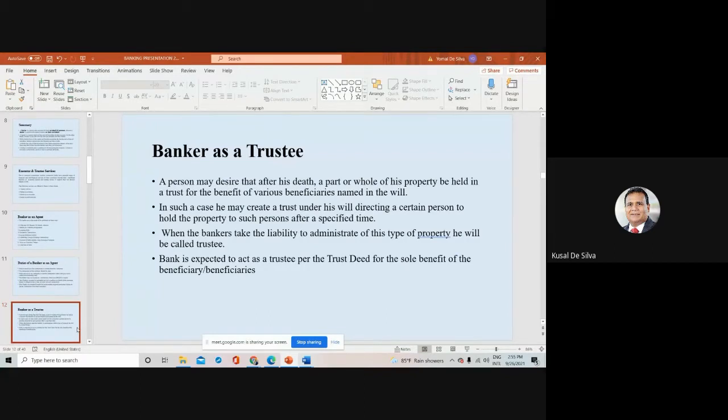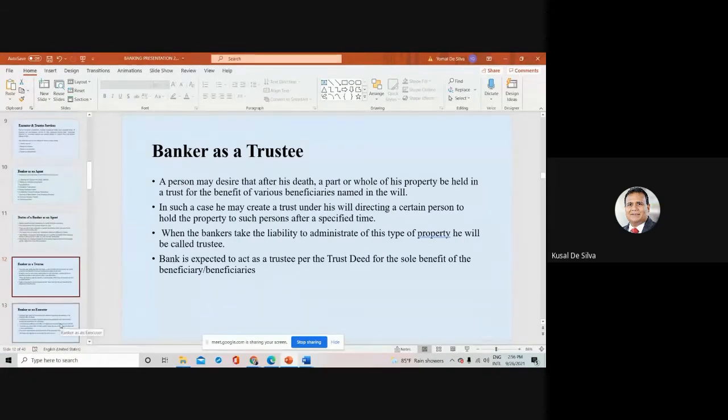Suppose all of us want to create a trust for the benefit of, say, needy children, that can be established. Then we set up a trust deed and articulate whatever the terms and conditions are and open an account with the bank, and the bank will act only upon the trustees' instructions. So that's the basic idea of a trust.